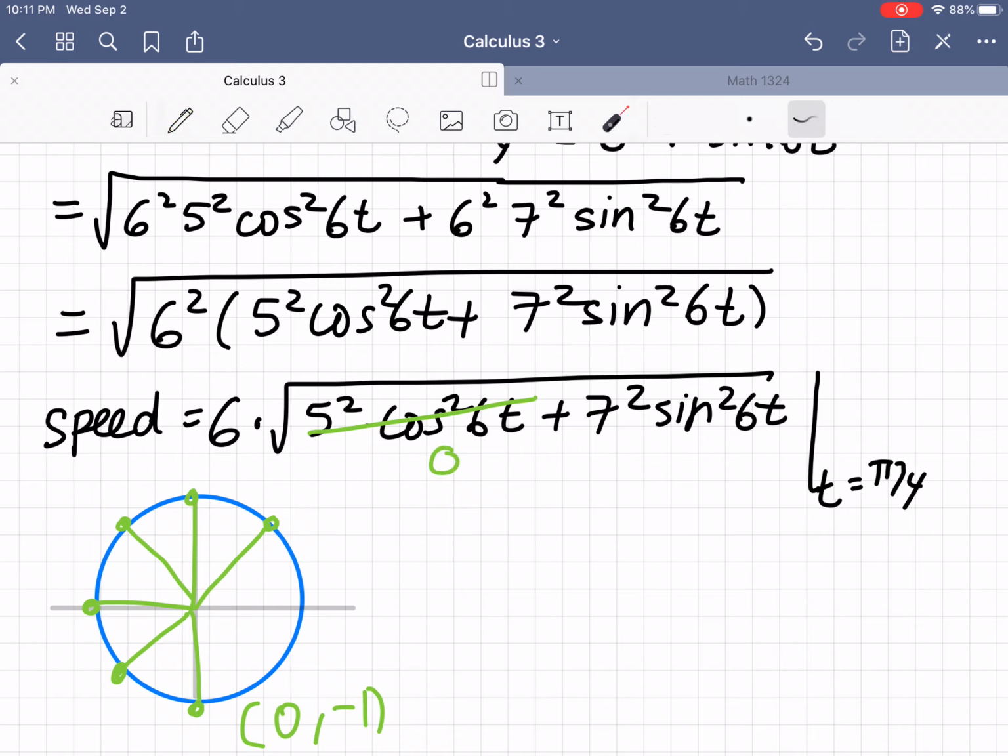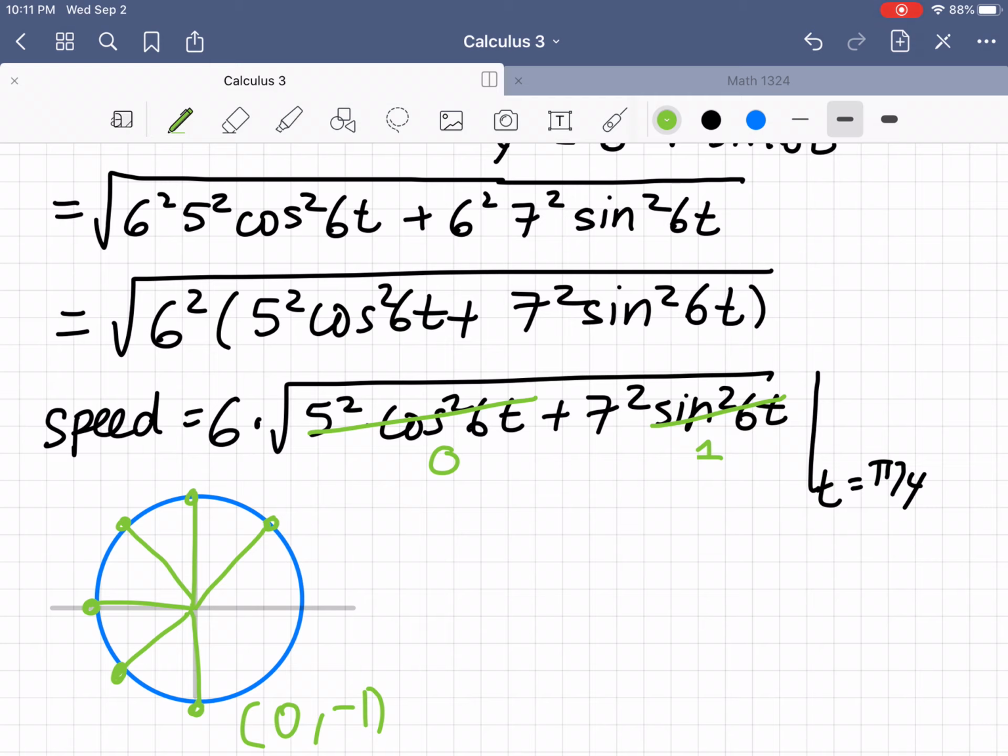Like I said, cosine is 0, so cosine squared is 0. Here, sine is -1, so sine squared is +1, so the only thing that ends up surviving is 7 squared in this expression here. So this ends up being just times 1.